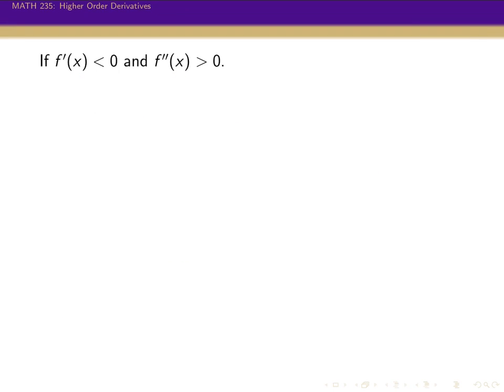Okay, so now we have the first derivative is negative, and the second derivative is positive. And so this is a decreasing and concave up curve.